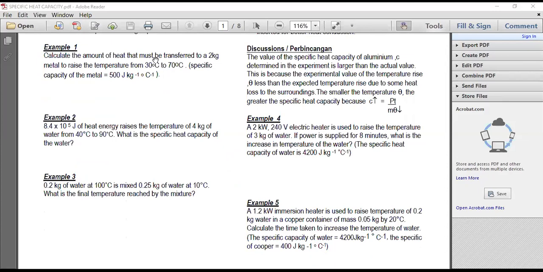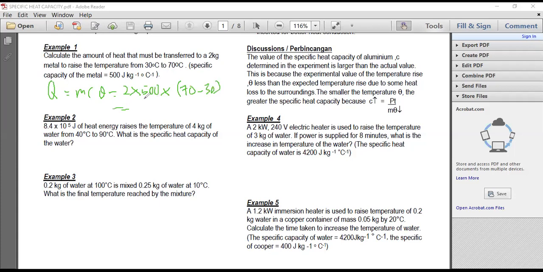Now, example 1. Calculate the amount of heat that must be transferred to a 2 kilogram metal to raise the temperature from 30 to 70. So this one is very simple. Q equals mc theta. So the mass will be 2, the c will be 500, and then the theta will be 70 minus 30.